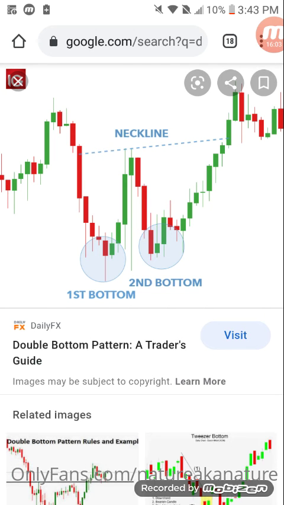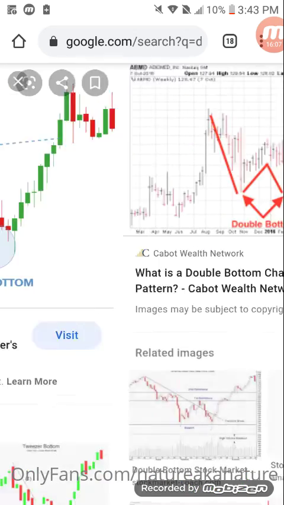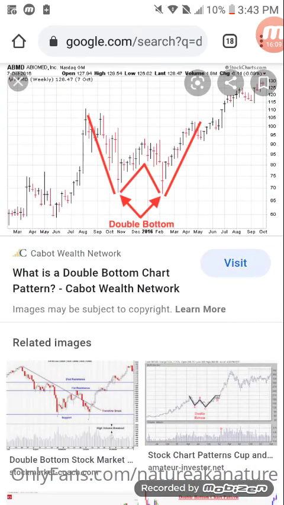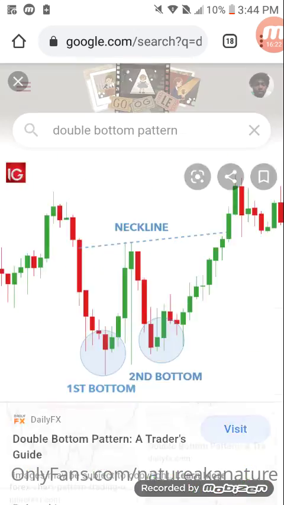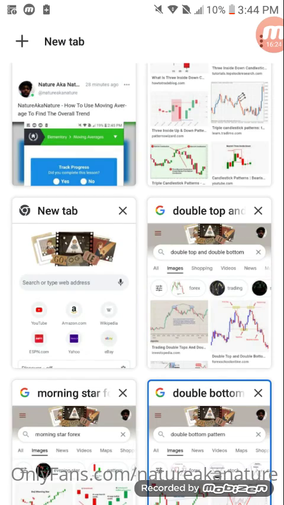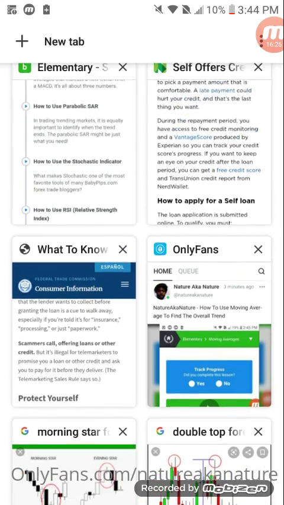When you see a double bottom pattern, it means bullish confirmation, meaning that price wants to head back up. The second bottom must be slightly higher than the first bottom.